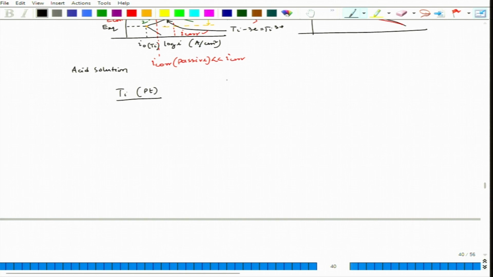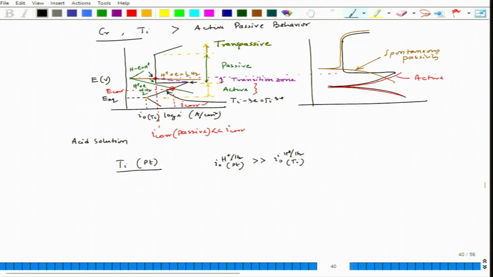And we know that the hydrogen evolution exchange current density I0 on the platinum surface is much higher than I0 for hydrogen evolution on the titanium surface. And here if you consider this I0, this is my I0 for hydrogen evolution, and this is basically on the titanium surface.